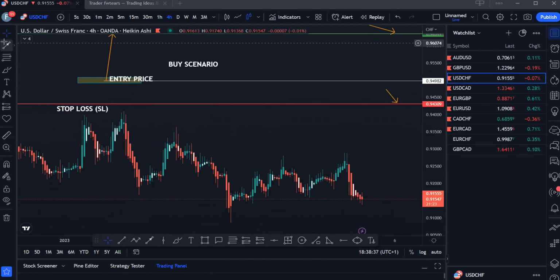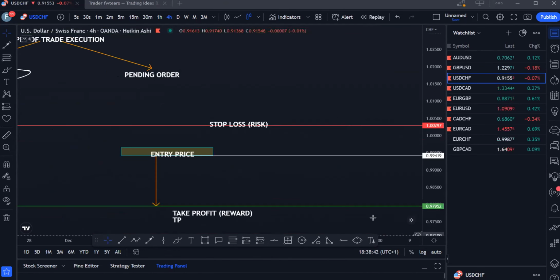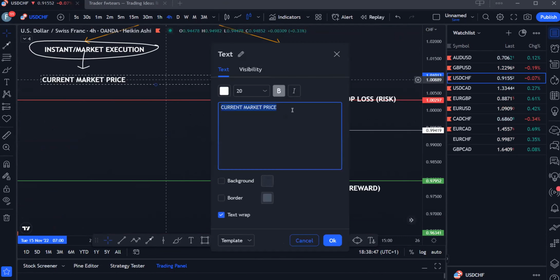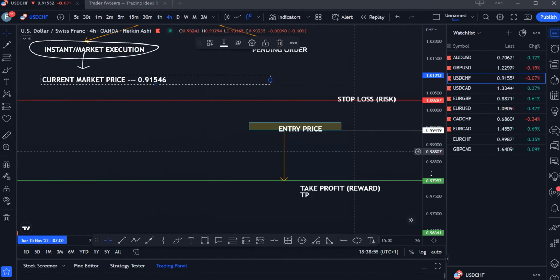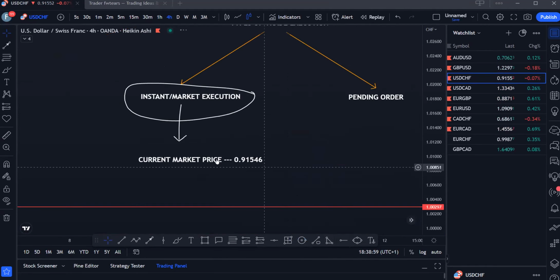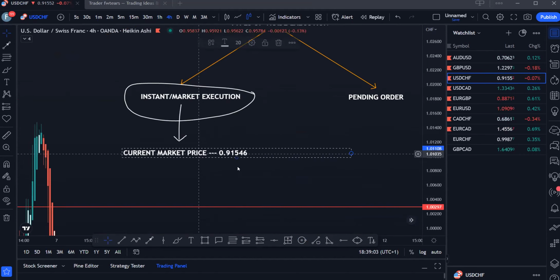The current market price is 0.91546. This is the current market price right now. So if you want to buy USD CHF, this is the price.